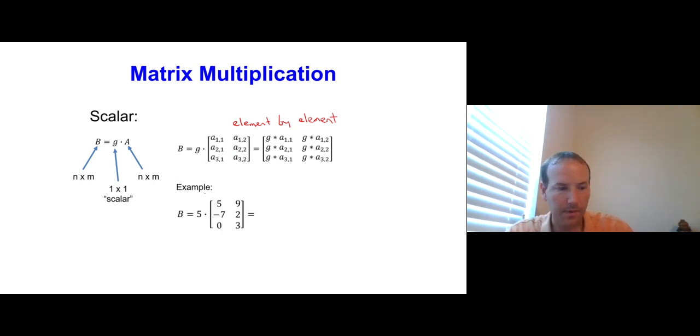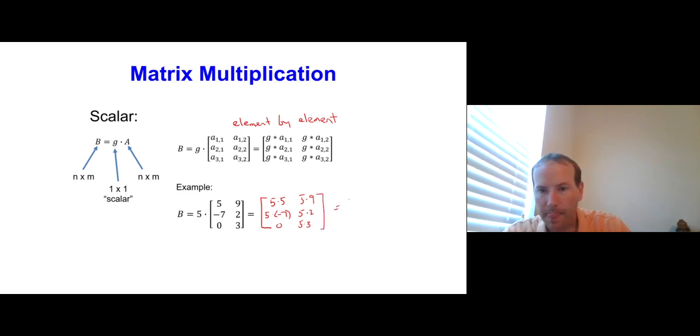So let's look at an example. If we have 5 times this matrix right here, then that's going to equal 5 times 5, 5 times 9, 5 times -7, 5 times 2, that's still 0, 5 times 3.